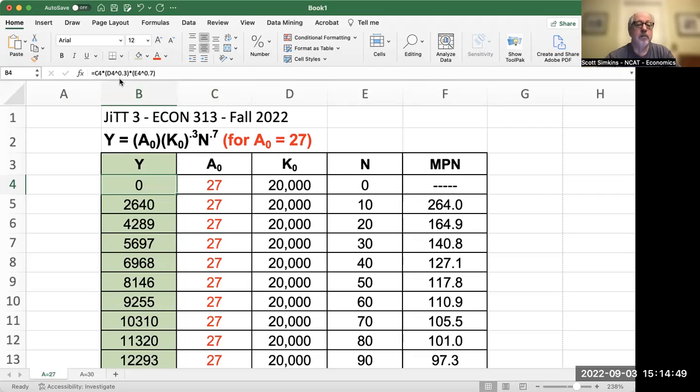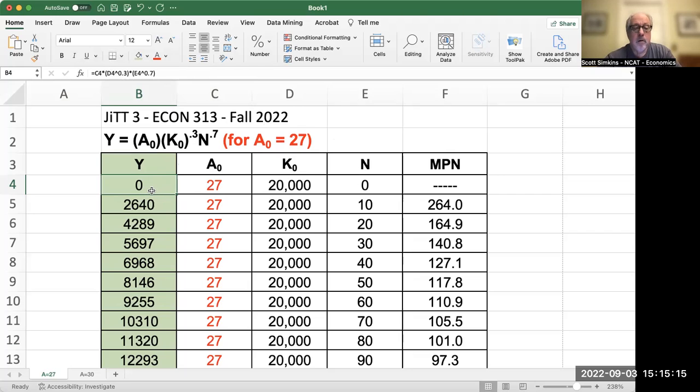D4 to the 0.3 power, D4 is this term right here. E4 is N, raised to the 0.7. And we know already, because N is 0 and we're multiplying something by 0, it's going to be 0. So no labor, no output.